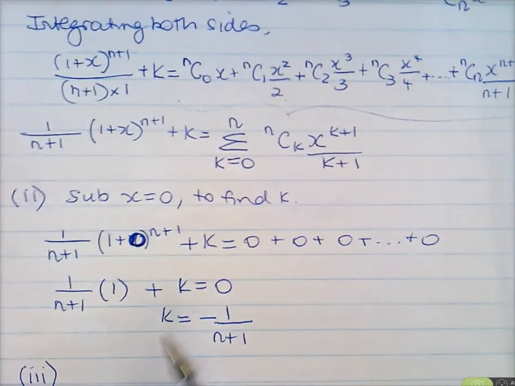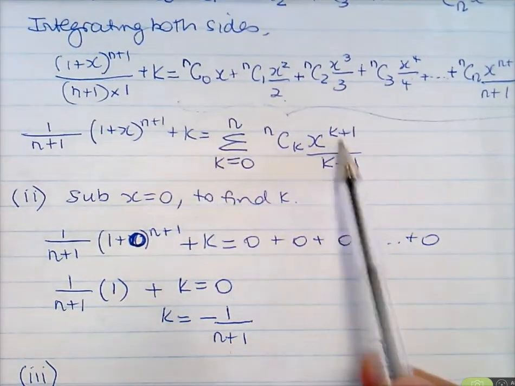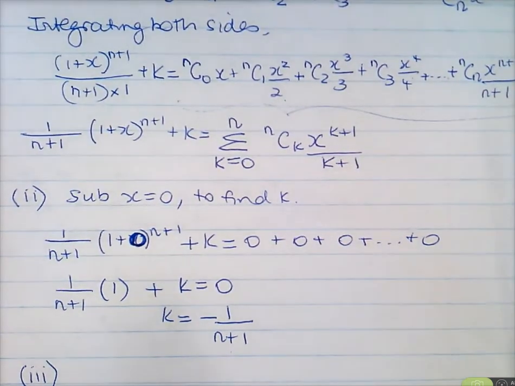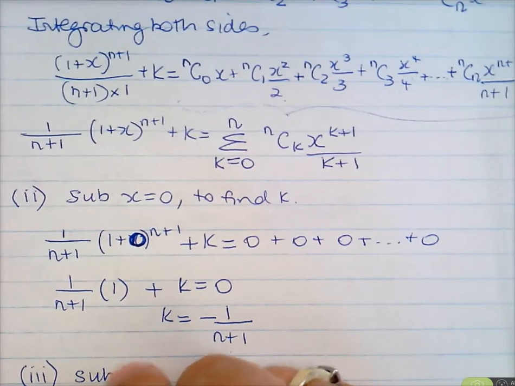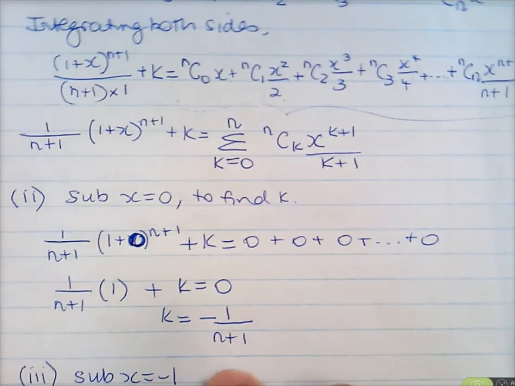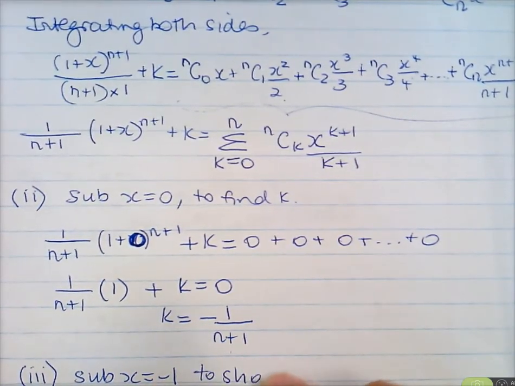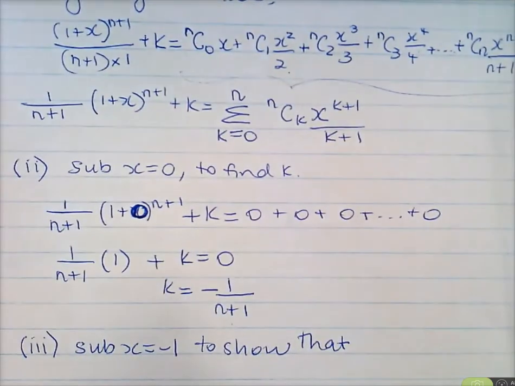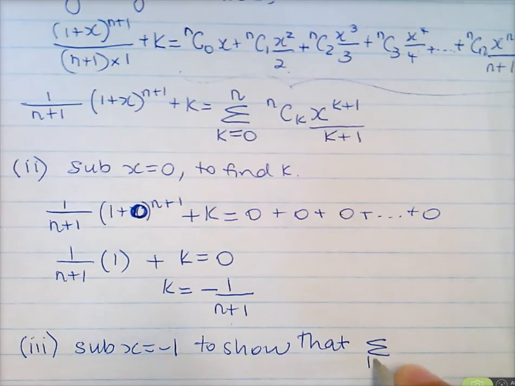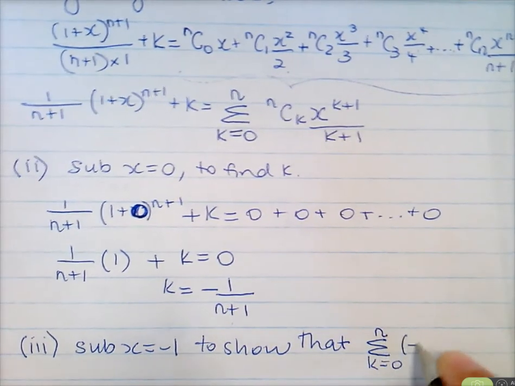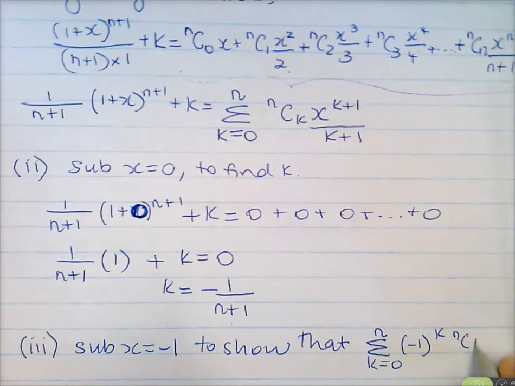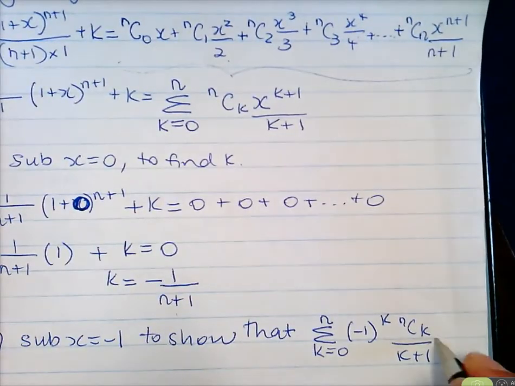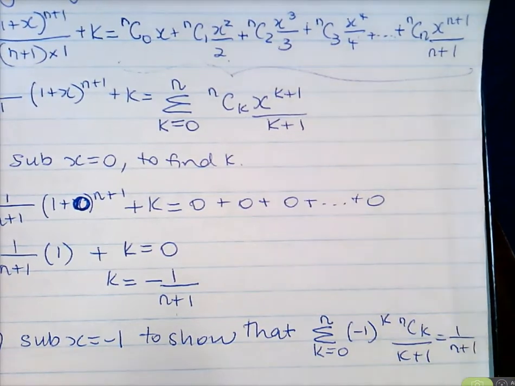Now, of course, that k, negative 1 over n plus 1, should go into this expression, or that top one. We'll do that in part 3. It says part 3, substitute x is negative 1 to show that the sum from k equals 0 to n of (-1) to the k, nCk over k plus 1 equals 1 over n plus 1.